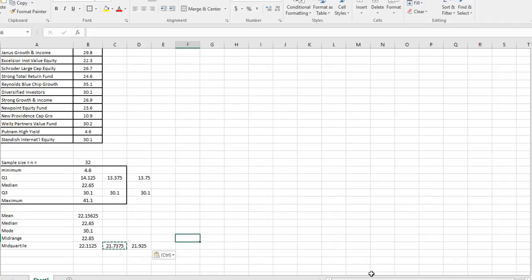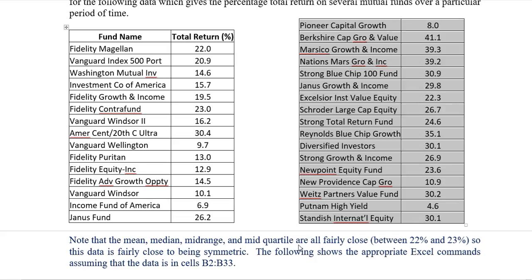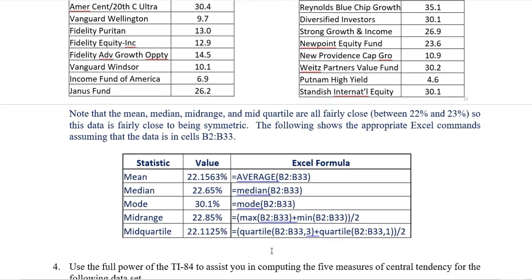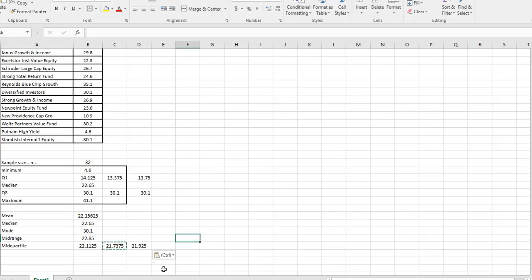Okay, so let's go back to our data set and see if we have any other questions. Let's see, the old way, mid-range was 22.85 the way Excel used to do it.